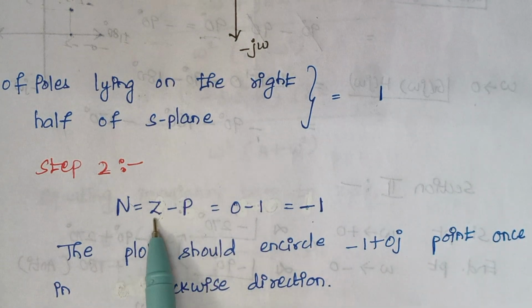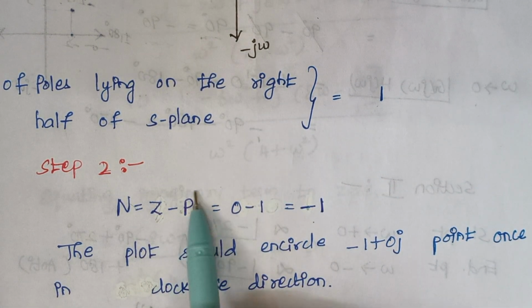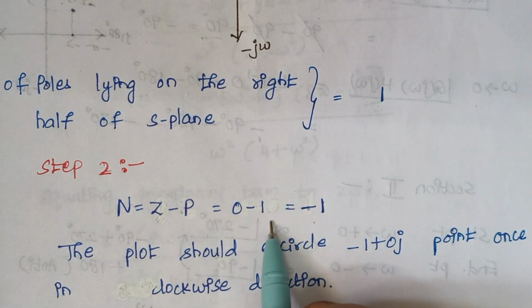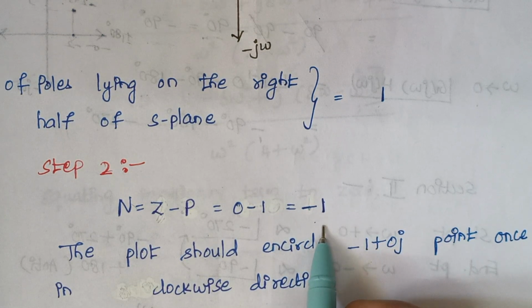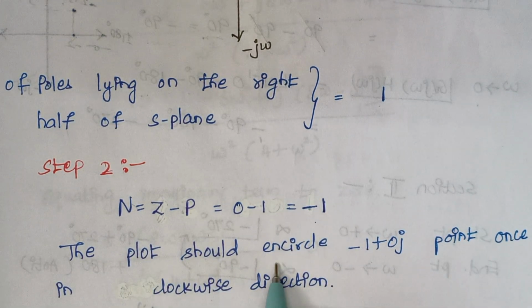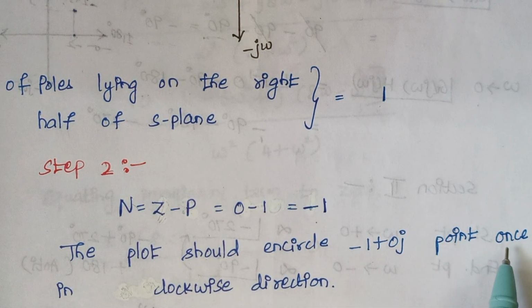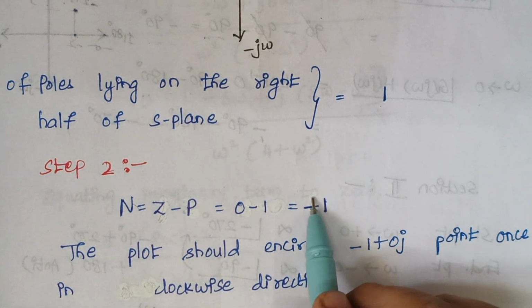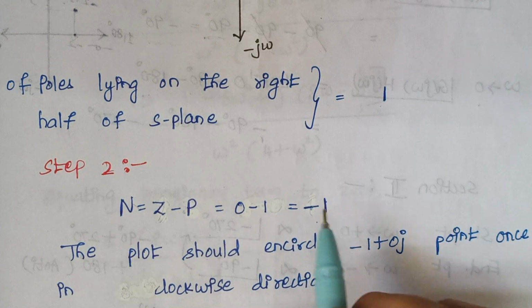No zeros are lying on the right hand side, so it is 0, and the poles lying on the right hand side, as we have just seen, is 1. So 0 minus 1 gives you minus 1. What does this minus 1 indicate? The plot should encircle the minus 1 plus j0 point once, in the clockwise direction. The negative sign indicates the encirclement should be done clockwise.